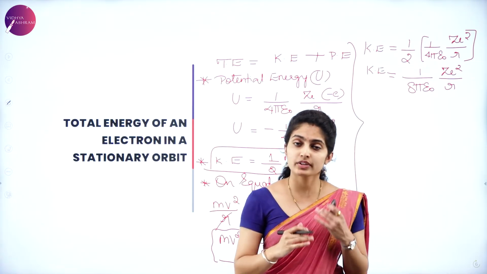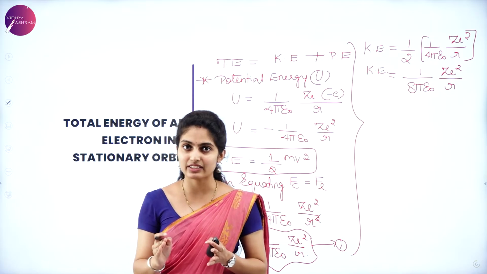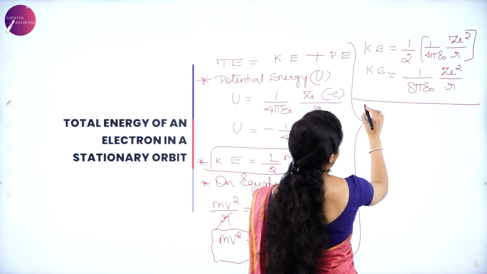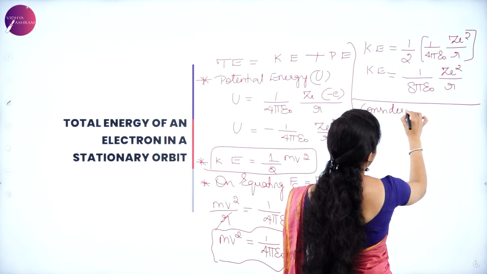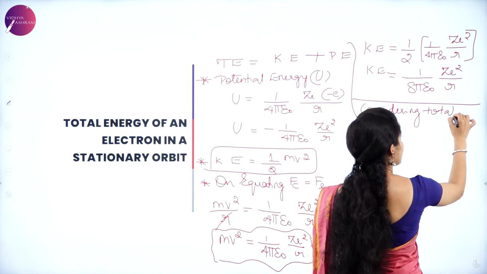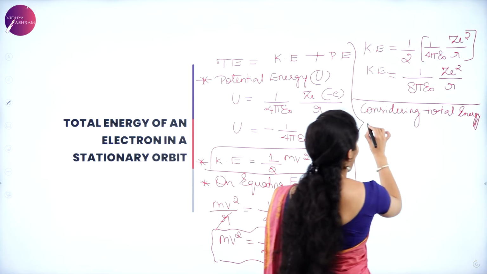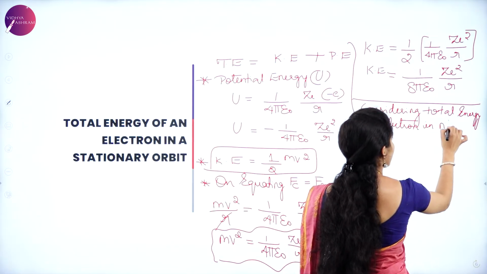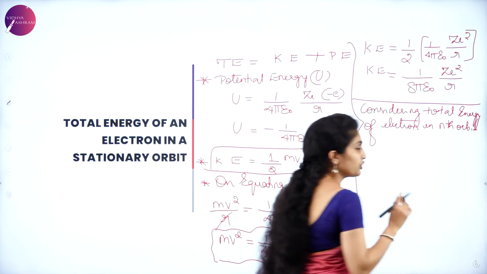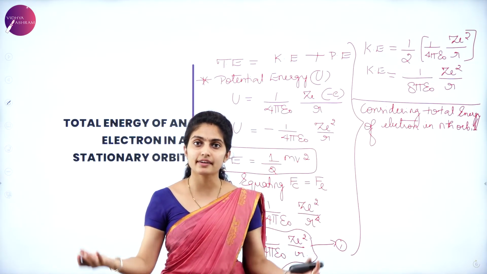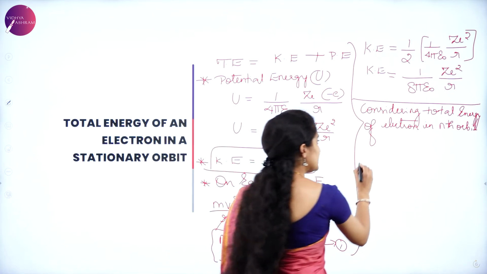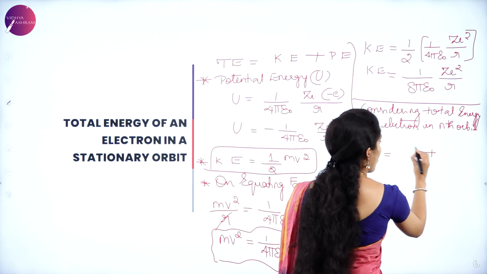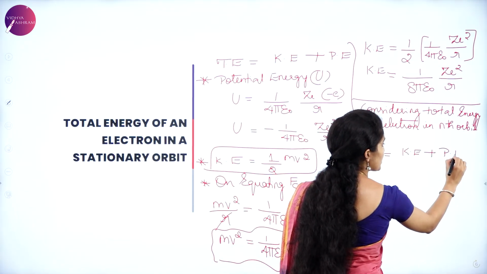As we all know, what is total energy? We write it as total energy, T.E. Now, considering the total energy of the electron in the nth orbit, the total energy of an electron in the nth orbit is equal to the sum of kinetic energy and potential energy.